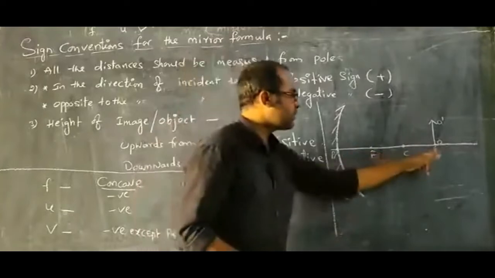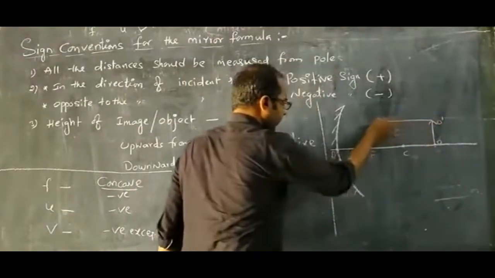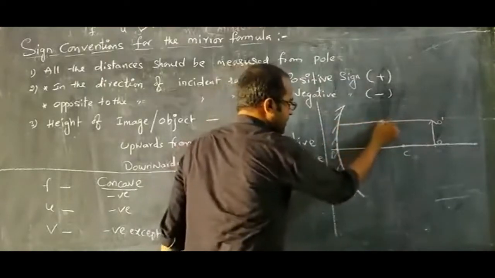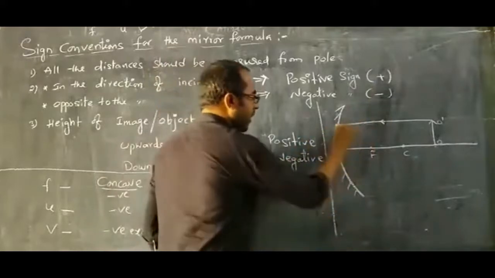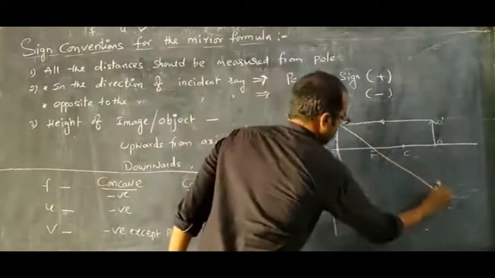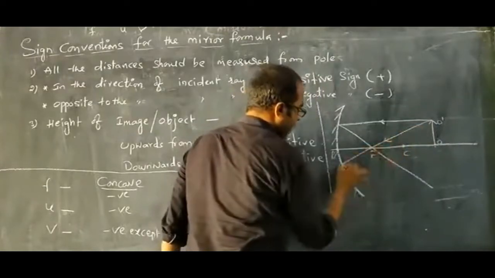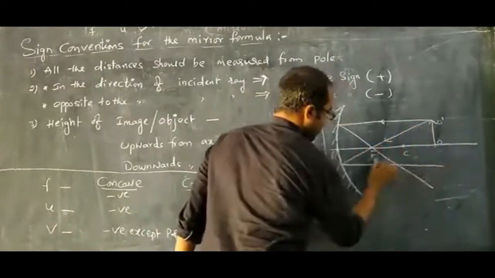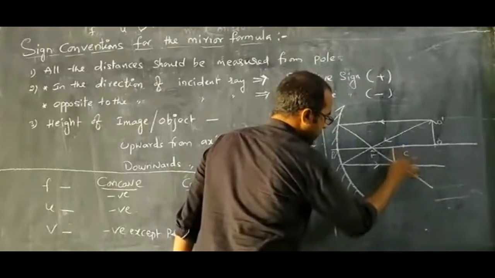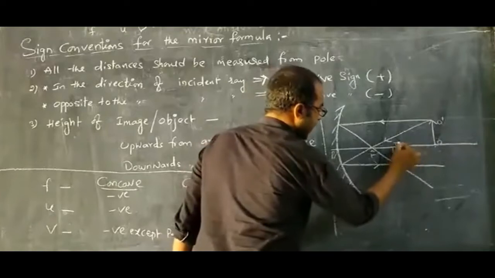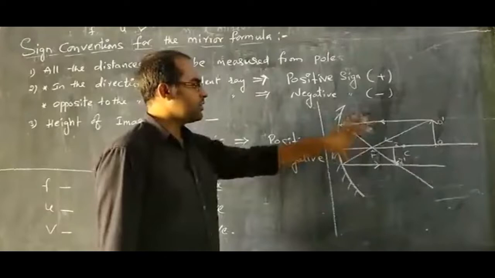If you draw the ray diagram like this, the incident ray will fall like this and it will be the reflected ray, and if you take another ray, ray 2, and its reflected ray, here the image will be formed. The image is between F and C. This is I dash.